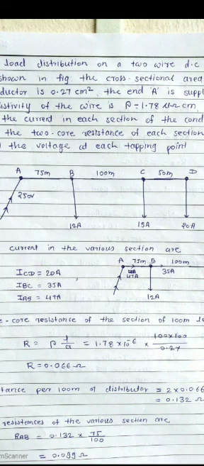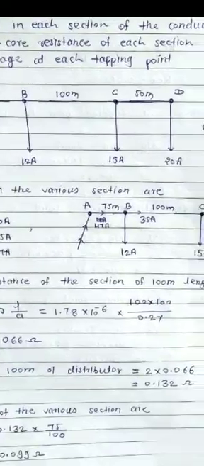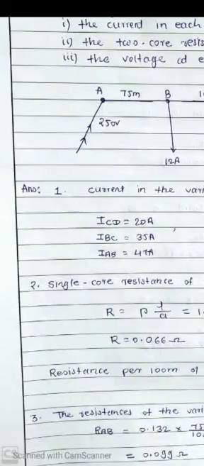Then the resistance per 100 meter of the distributor is 2 into 0.066, which becomes 0.132 ohm.